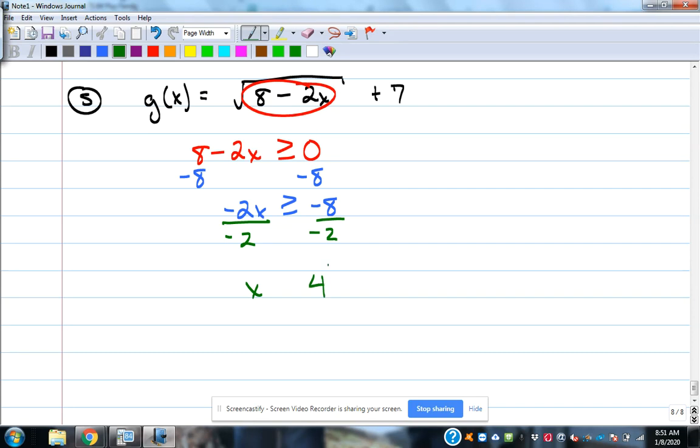That'd be 4 over there. What happens when I divide by negative 2? Flip the symbol there. Kind of makes sense that we were doing that with Khan Academy yesterday, right? Now, set notation, that's the easy one, right? You just copy it.